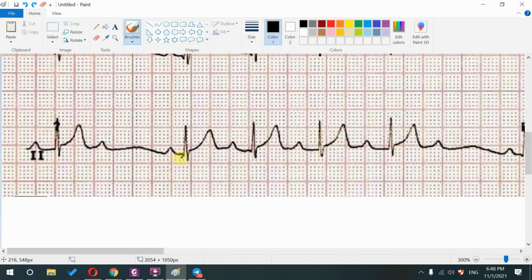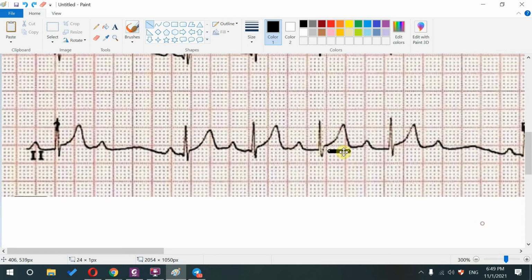So PR interval here. Is it long? Let's count. So it's 1, 2, 3, 4, almost 5. 5 is long. Okay, so let's take this and put it here. Oh, this one is even longer. See, there is one extra small box. 2 extra small boxes.